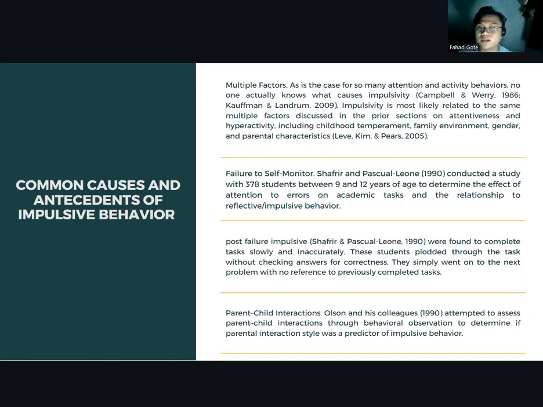They report that students who complete the task quickly and accurately tend to take time to check their answers. If an error occurred, they took time to correct it and used the information learned from the correction to assist them in completing the rest of the task. This resulted in fewer errors overall and completion of the task in a more timely fashion.